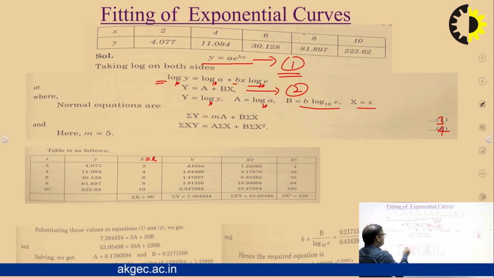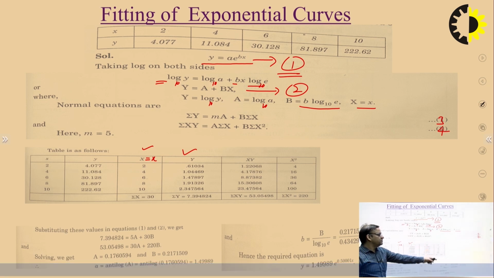Then multiply these two columns, we get the product column XY, and then take the square of capital X, we will get the last column.